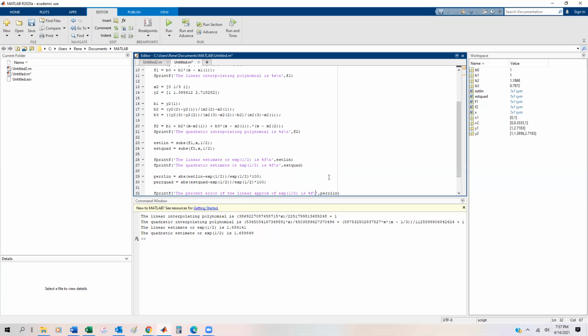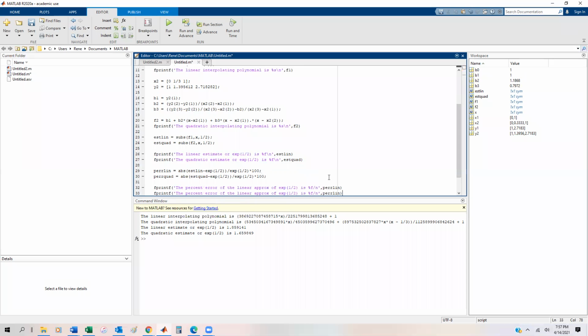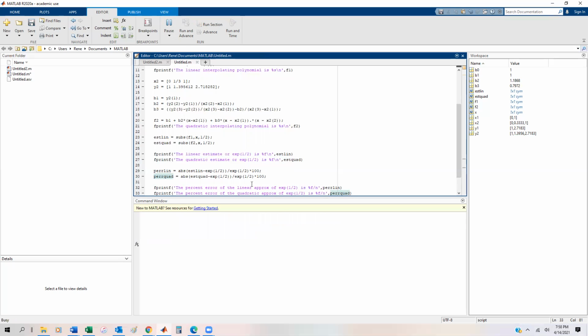I've got the \n here. And copy and paste. We're going to say the percent error of the quadratic approximation is %f, and P error quad. All right, moment of truth. Let's run it.